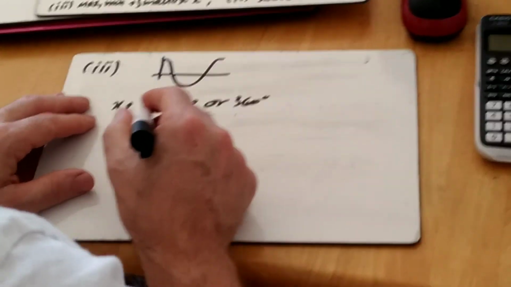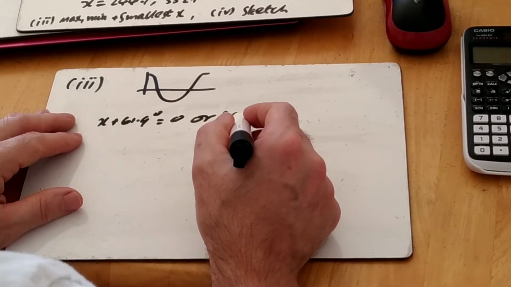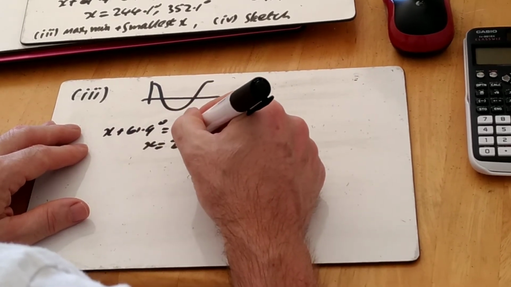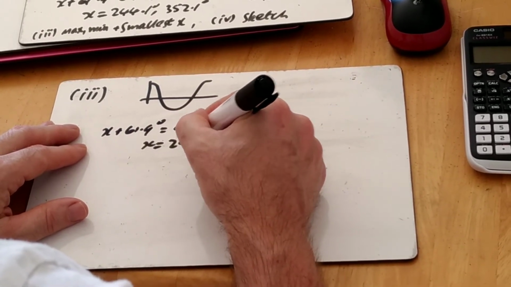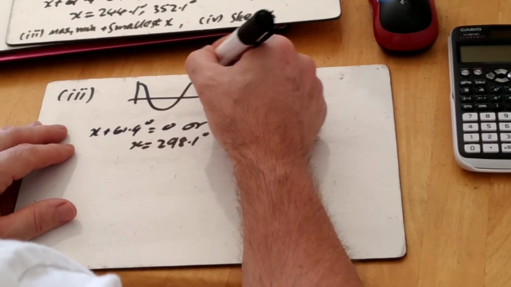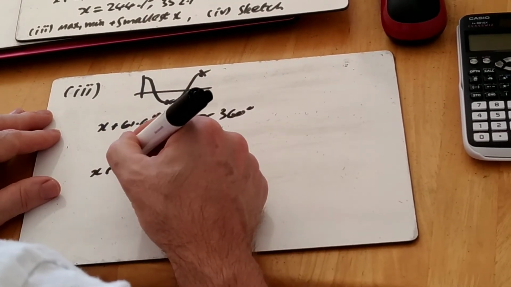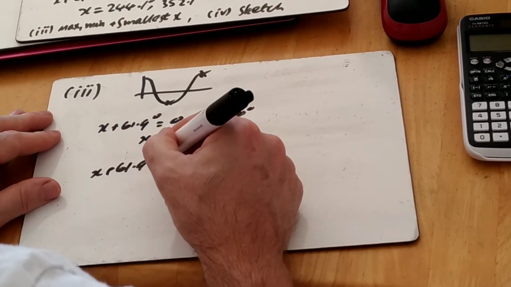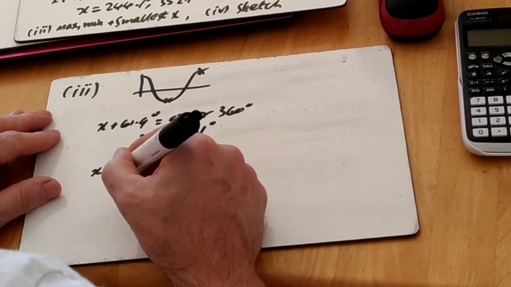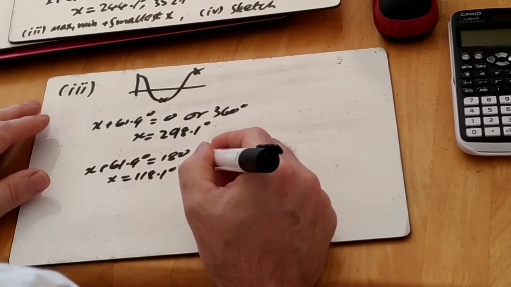Now obviously taking 61.9 off, that's no good to me, but taking that off there will give me x equals 298.1, and that's where it tops out. That's the maximum value there. The minimum value is when x plus 61.9 degrees equals 180. So take that, x equals 118.1.